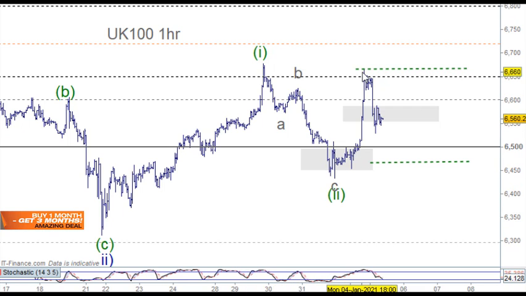If that low just there had stayed in, that would have left me with a corrective pattern to this point, and that means we could still be bullish. So it's chucked a bit of a spanner in the works, and that's a bit of a problem.